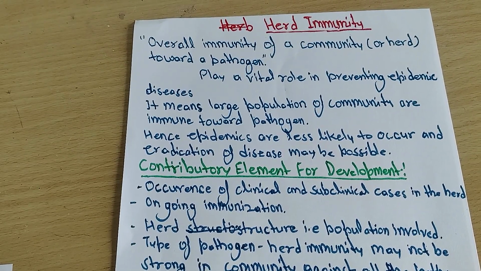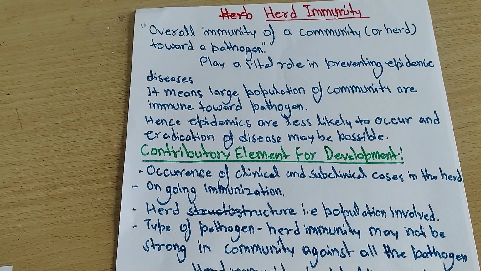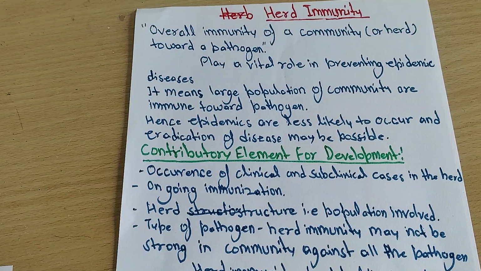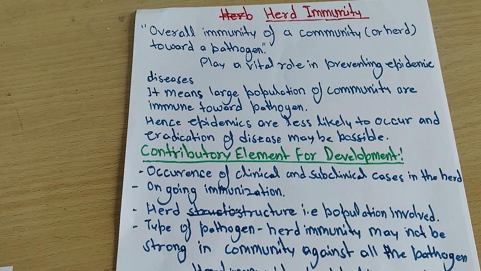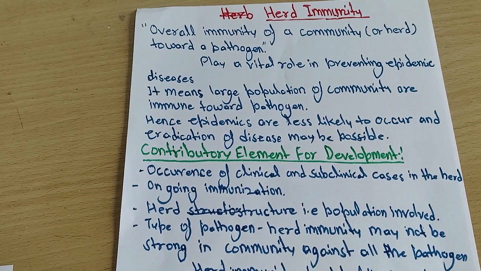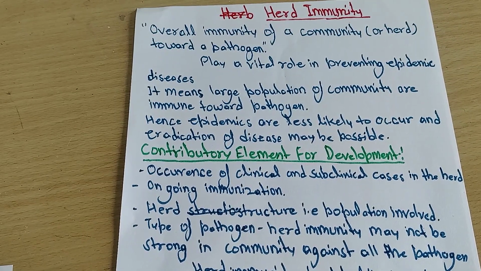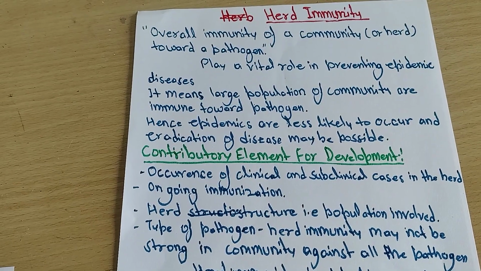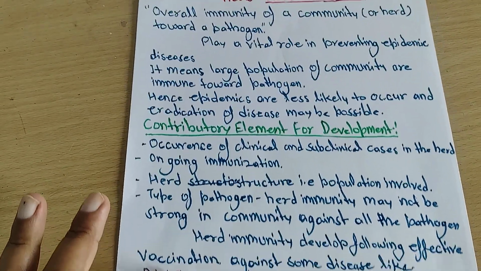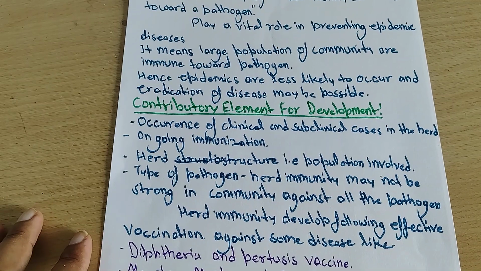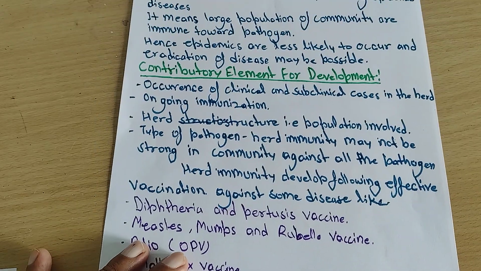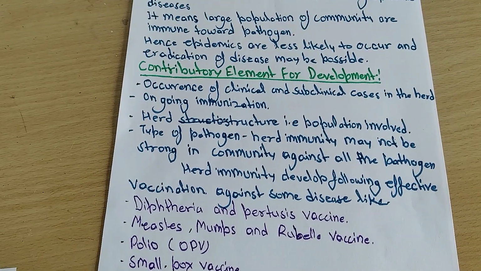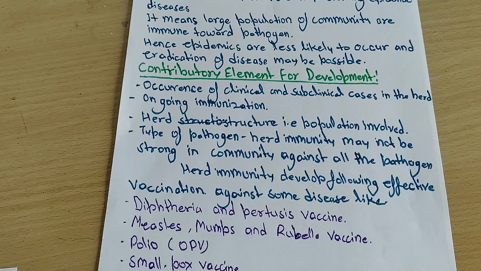Contributory elements for development of herd immunity: occurrence of clinical and subclinical cases in the herd, ongoing immunization, herd structure, that is the population involved, and type of pathogen. Herd immunity may not be strong in a community against all pathogens. Herd immunity develops following effective vaccination against some diseases like diphtheria and pertussis, measles, mumps and rubella vaccine, polio vaccine, smallpox vaccine.